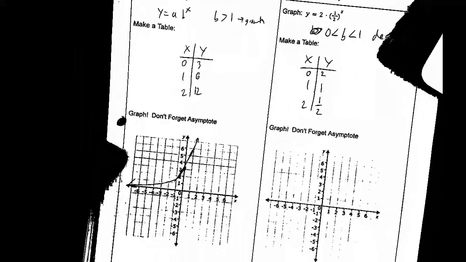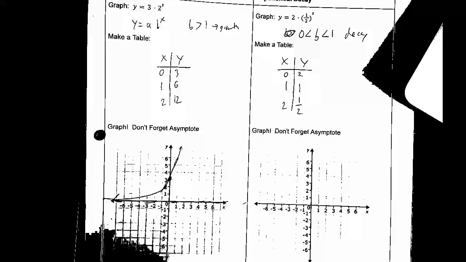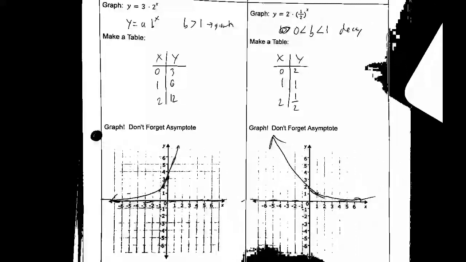And that's called a horizontal asymptote, right? We're approaching 0, but we're not crossing it. Over on the right, we start at 2, then we go to 1, then we go to 1/2. So it's the mirror reflection, right? We're decreasing over time, and we have a horizontal asymptote at 0. Okay, that is it for part 3.